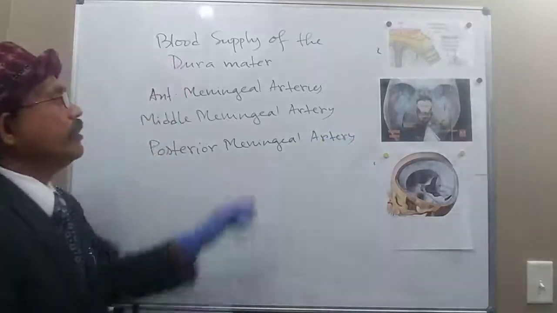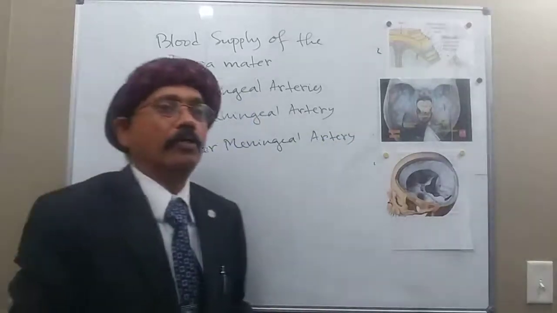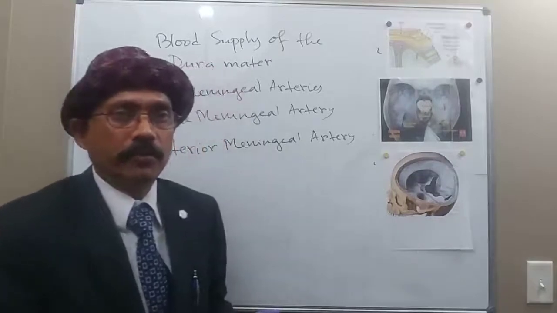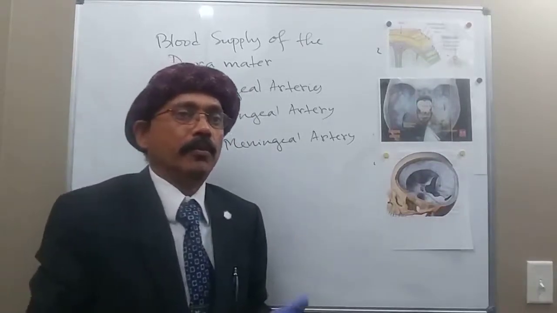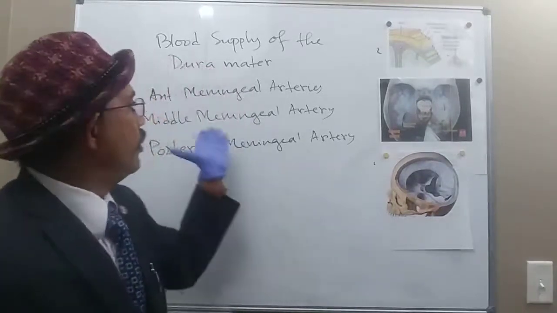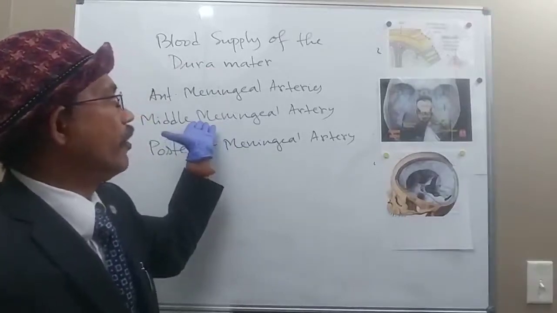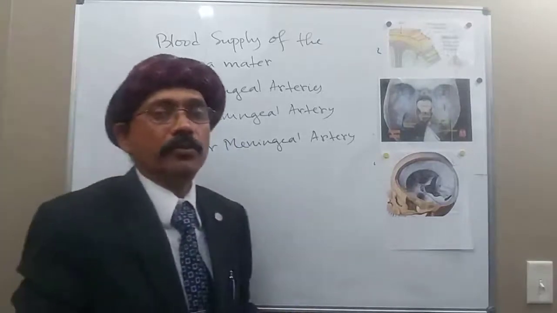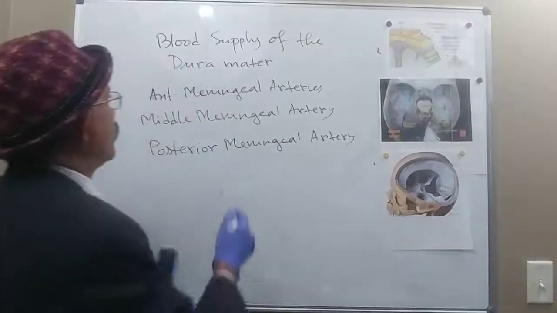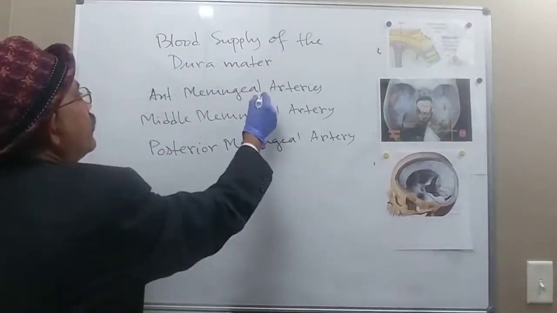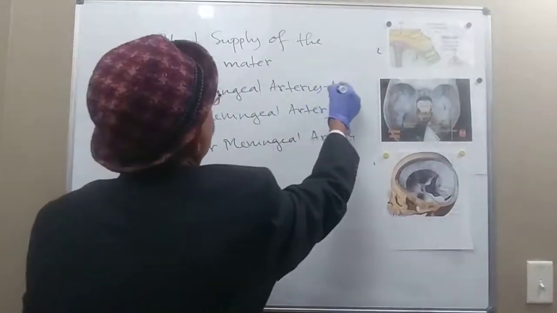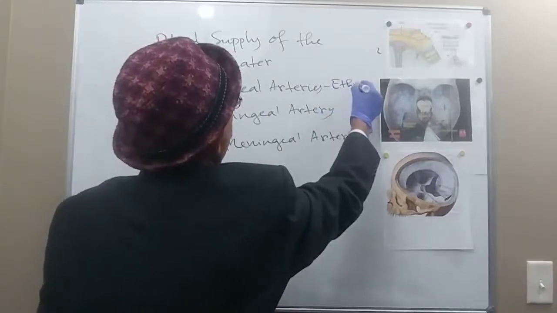Okay, the anterior meningeal arteries are branches of the ethmoidal arteries. Then we have the middle meningeal artery. This is the largest of all. This is a branch of the maxillary artery.